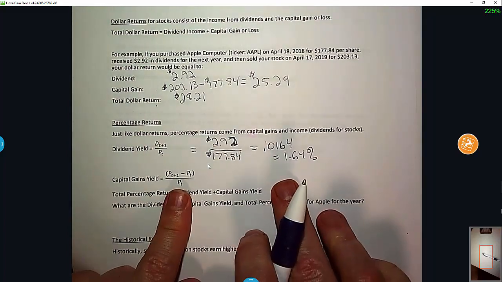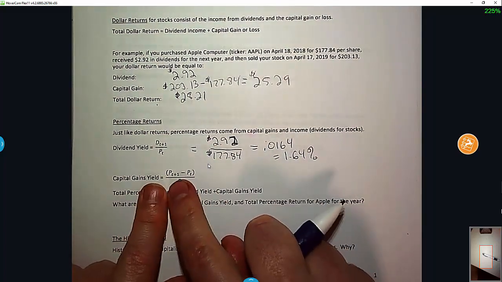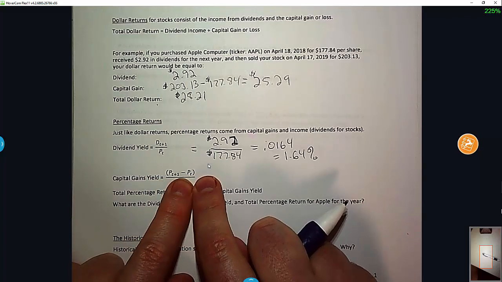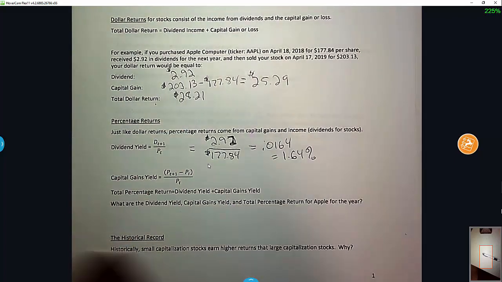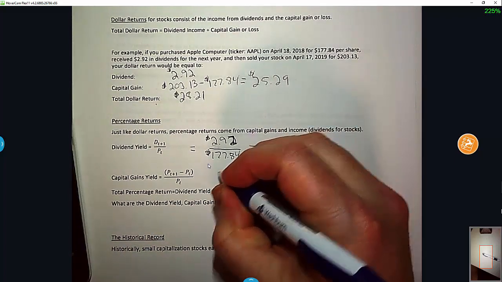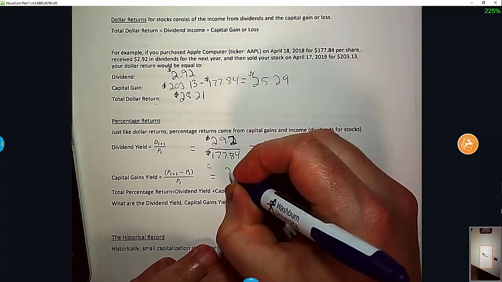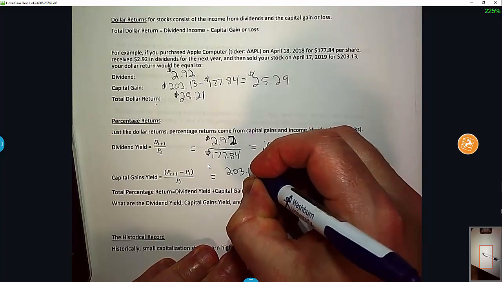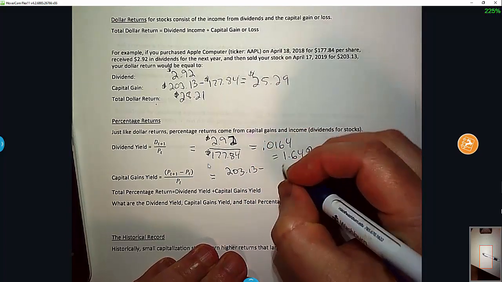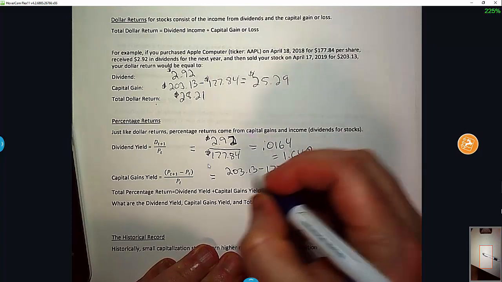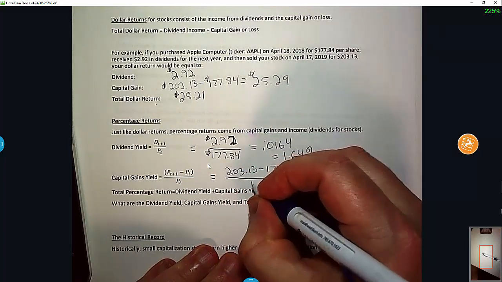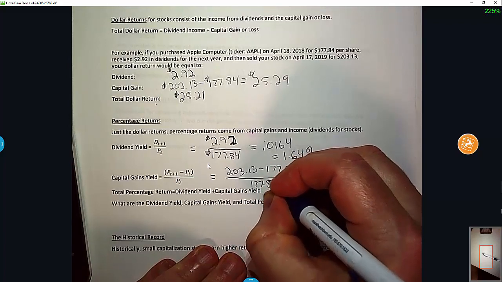The capital gains yield is going to be the price at the end of the year minus the original price divided by the original price. So for Apple, again, we're going to take 203.13 minus what we originally paid of 177.84 divided by the original price of 177.84.